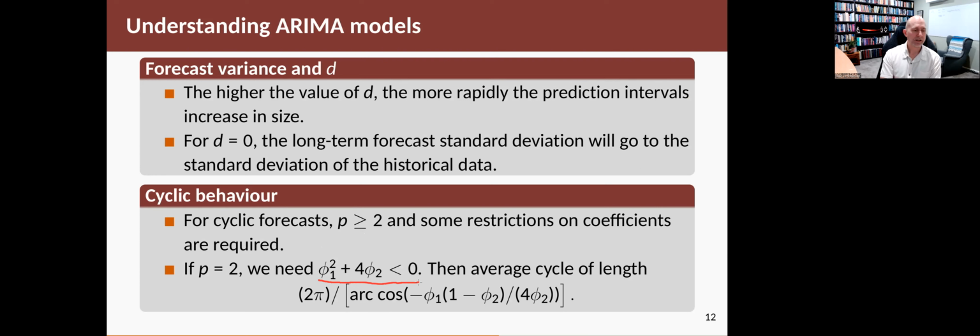Then you're going to have cycles in your forecast, and the cycles are going to be of a length given by that expression. We saw cycles in the model for the Egyptian exports data, and if you check the coefficients, you'll see that this is satisfied, and if you work out this expression by plugging in the values for the coefficients, you'll see what the average length of the cycle is.